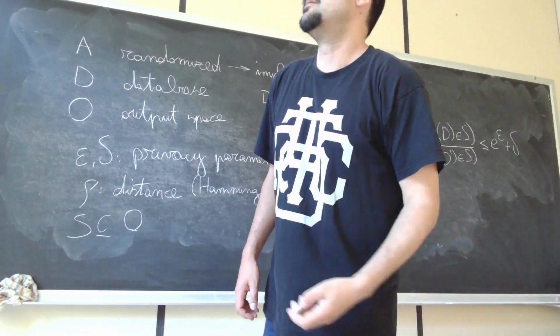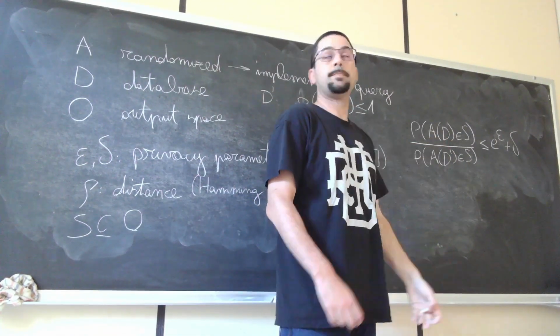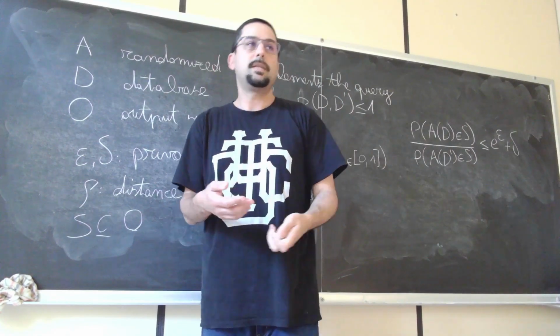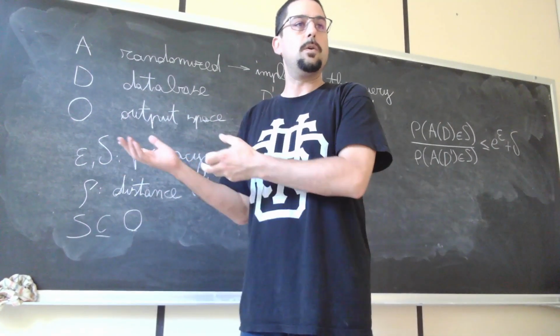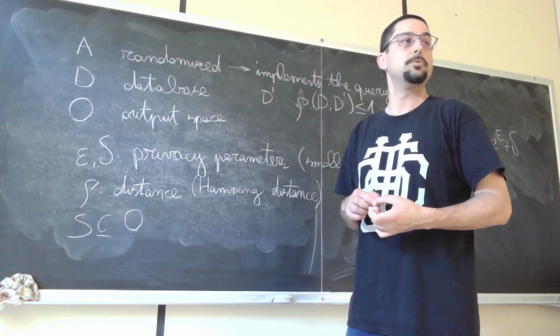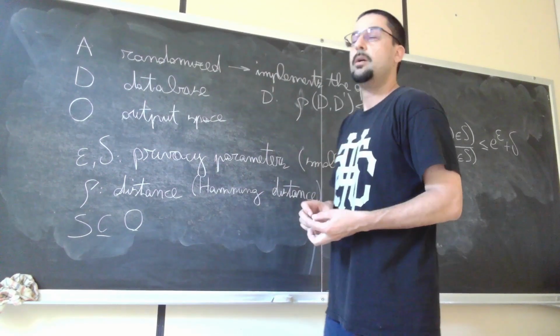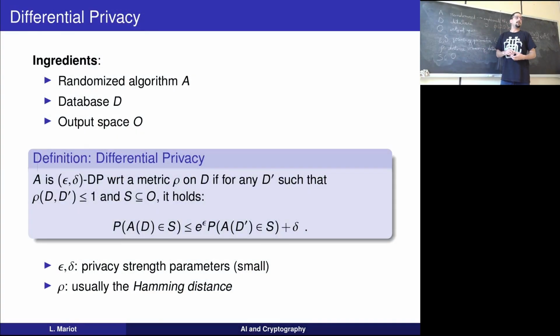So the probability of distinguishing between these two cases is very small, or actually negligible, in the sense that we also defined in the first lecture when we were talking about one-way functions. This is the reason why differential privacy is usually considered a cryptographic technique, because it uses a very strong condition that reminds us of the definition for the inversion of one-way functions.